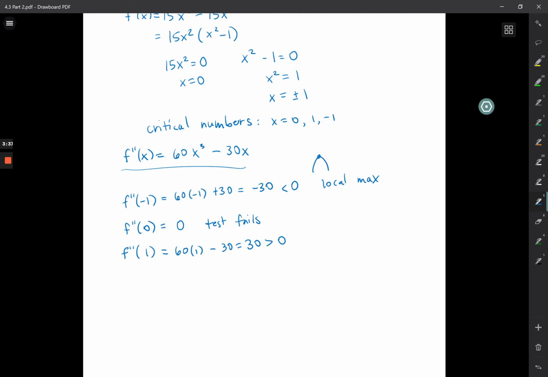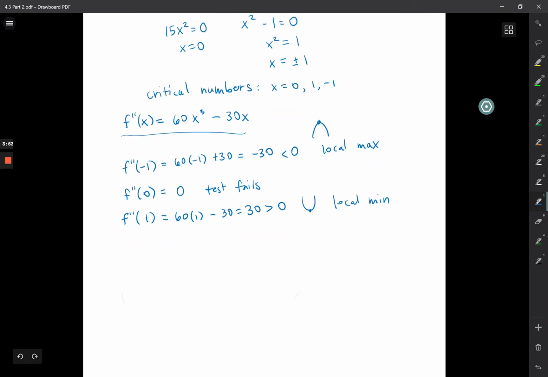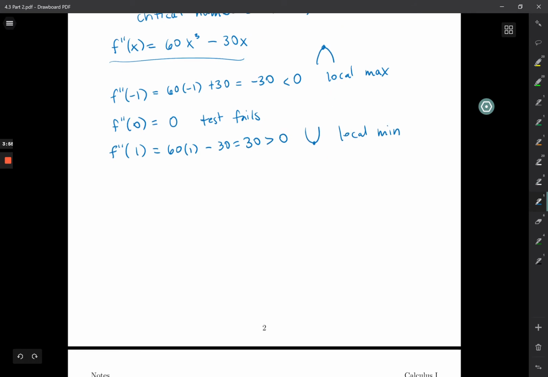That is going to be concave up, so we get a local min. So we were able to classify two of the critical numbers, but for the third one, the test did fail. What we do when the test fails is go back to the first derivative test.